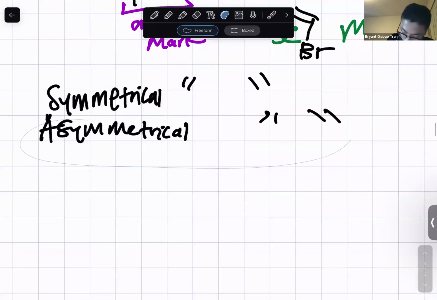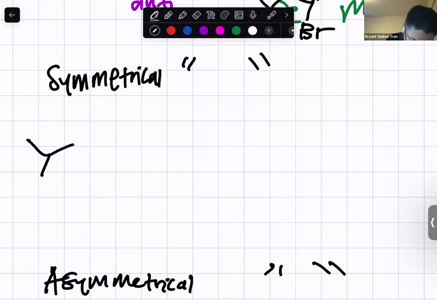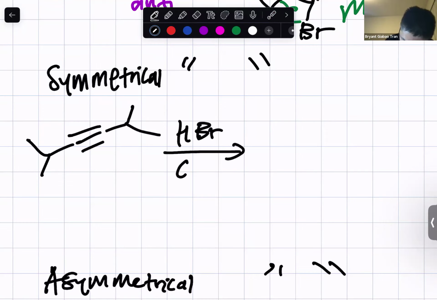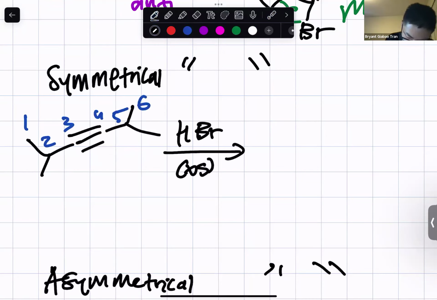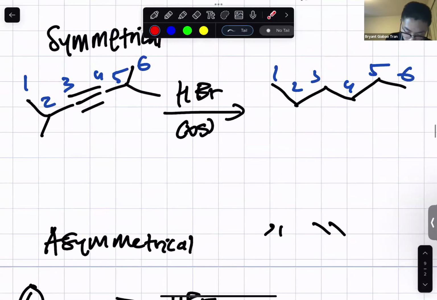Okay. For a symmetrical internal alkyne, like let's say we have this symmetrical internal alkyne here, and we have HBr excess, it doesn't matter which carbon we add the Br. They're both equally substituted, and they're both symmetrical. So I like to number it 1, 2, 3, 4, 5, 6, where we could attach the bromines on carbons 3 or 4.